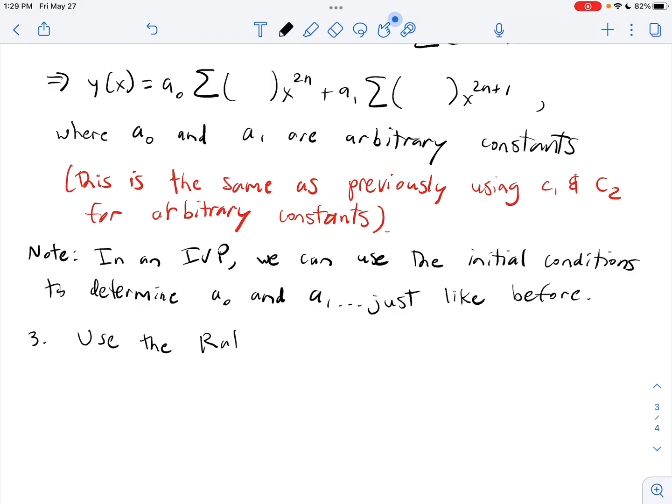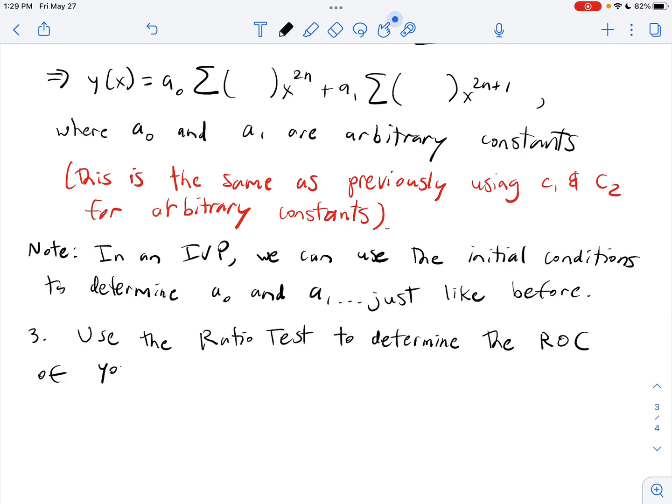Step 3. Use the ratio test to determine the radius of convergence of your series solutions.